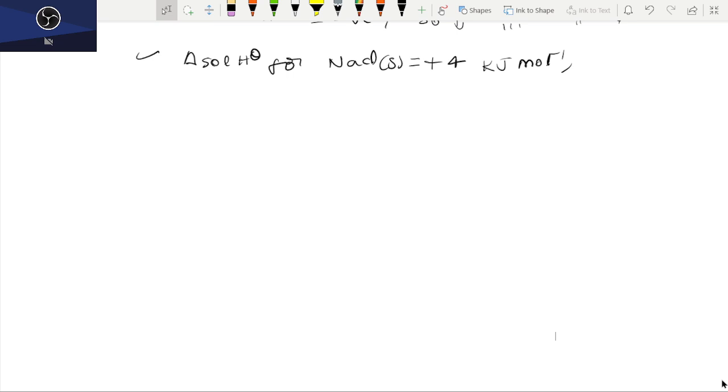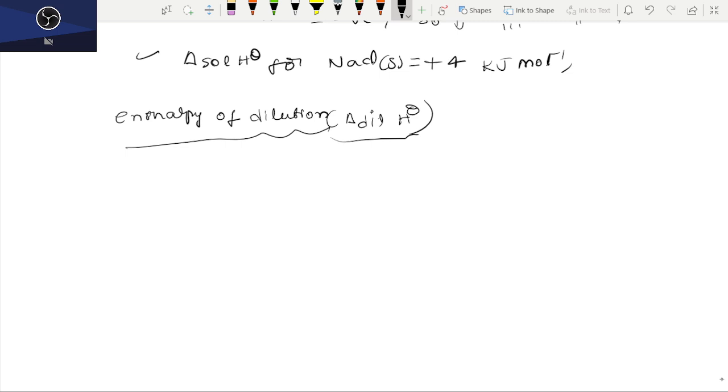Whatever specified amount of solvent is added, it is going to be identified by enthalpy of dilution.